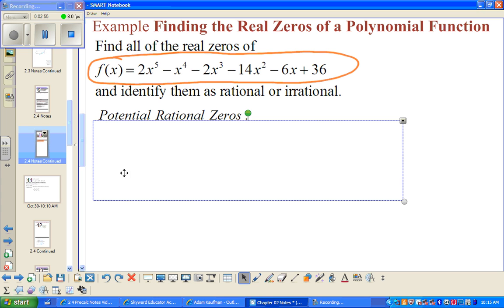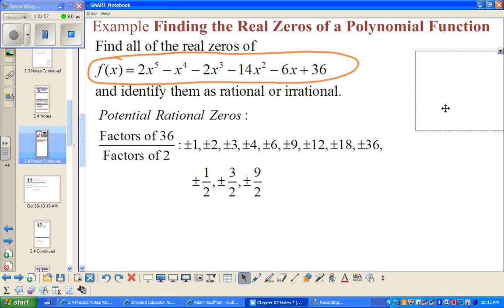There are quite a few potential rational zeros, because both positives and negatives work. We're not going to go through guess and check to figure all these out, because there are going to be 2, 4, 6, 8, 10, 12, 14, 16, 18, 20, 22, 24 possible zeros.